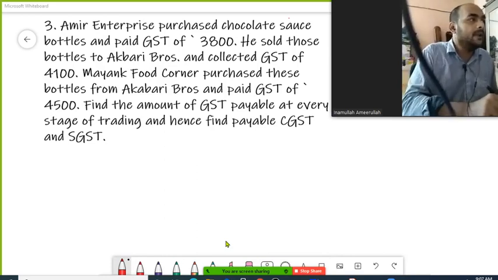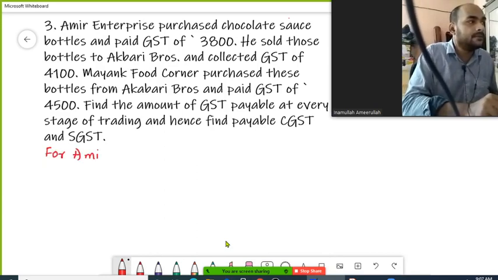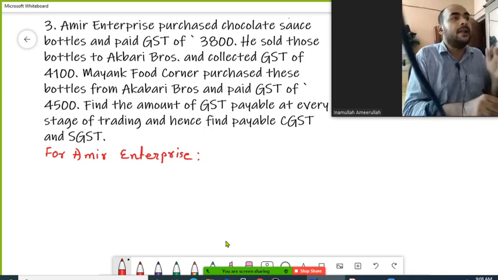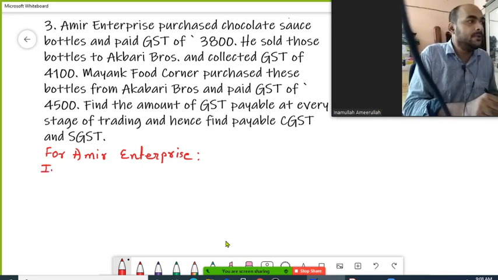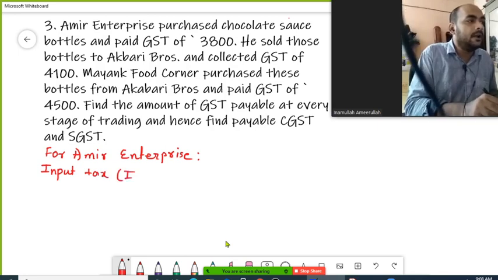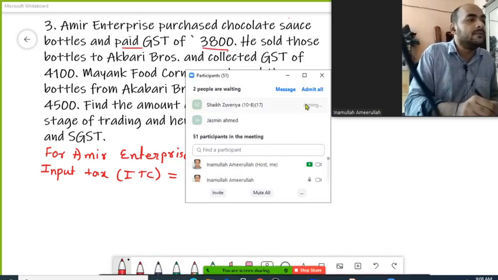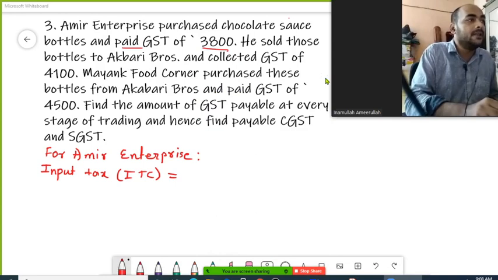So for our calculation for Amir Enterprise, input tax means tax paid at the time of purchase, which is called ITC. So the 3,800 will become input tax for Amir.